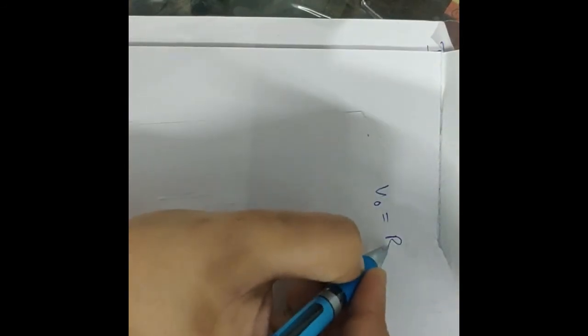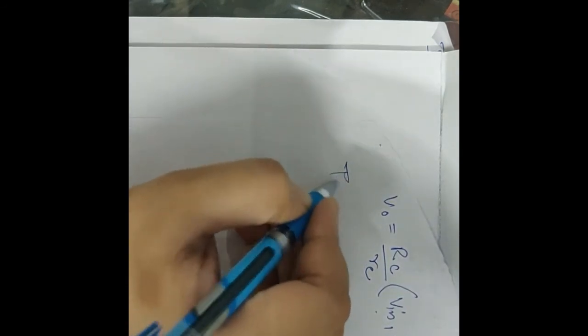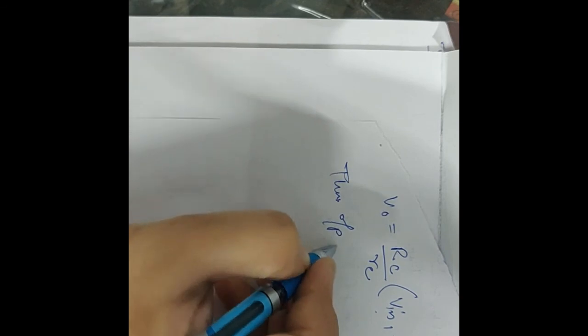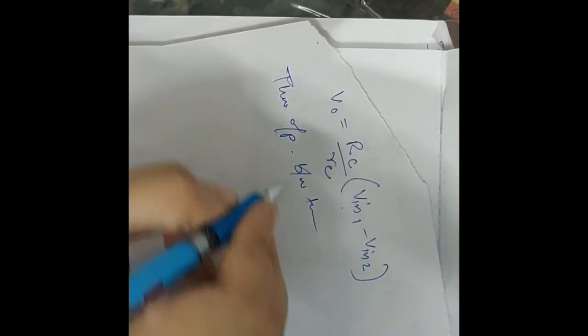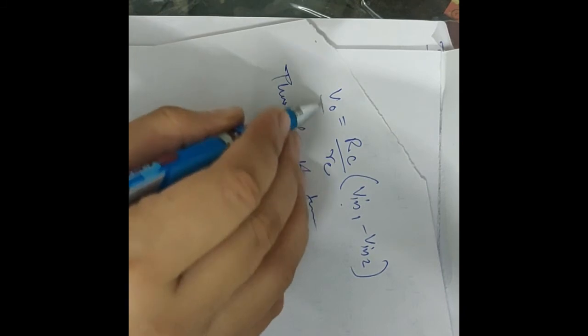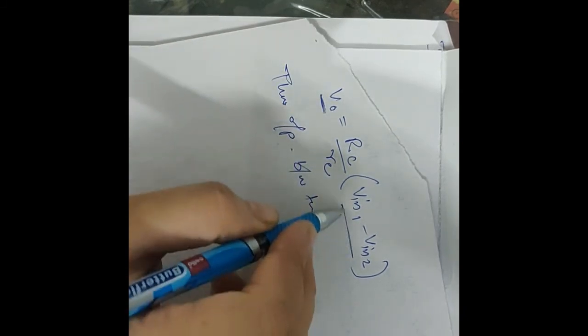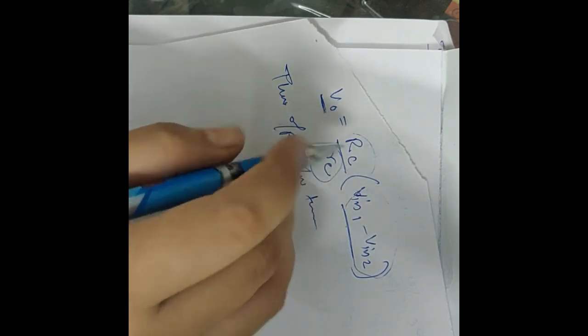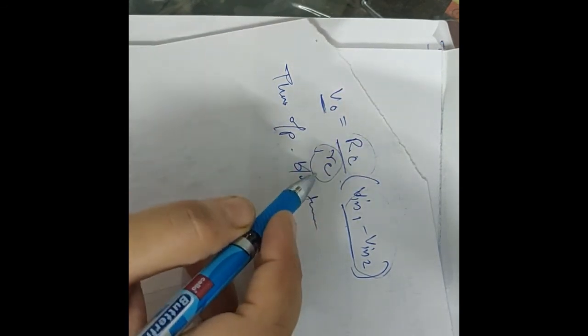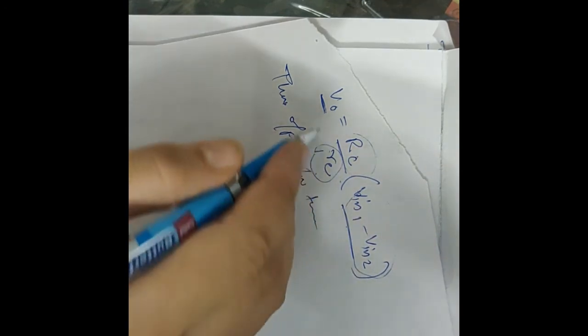the value of VO, that is RC upon RE times (Vin1 minus Vin2). Thus the output between the terminals is dependent only on the difference of the input voltages, multiplied by the factor RC upon RE, and you can set the value of RC over RE. You can vary the voltage gain.